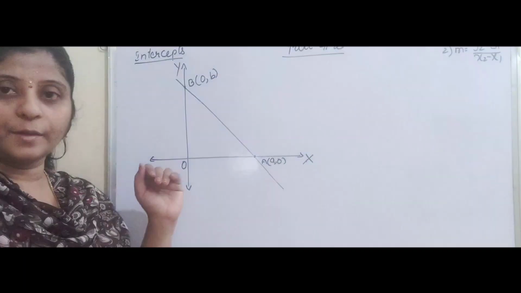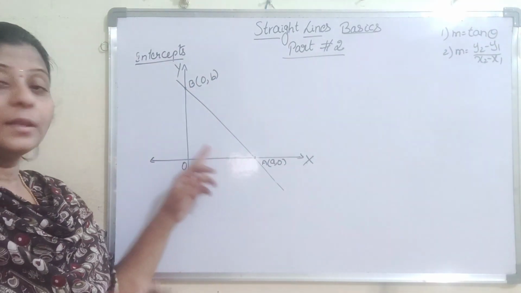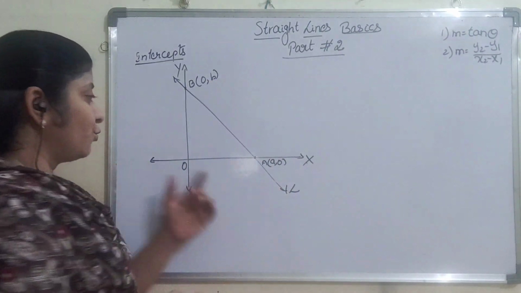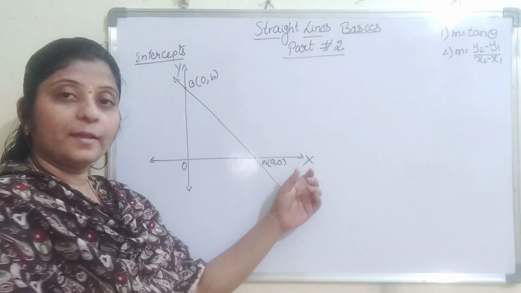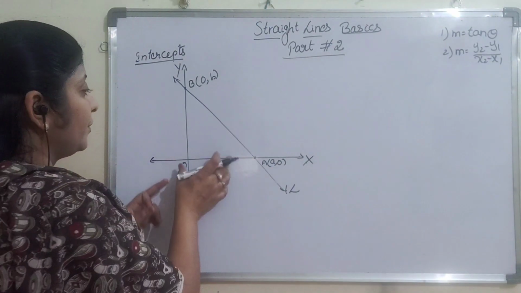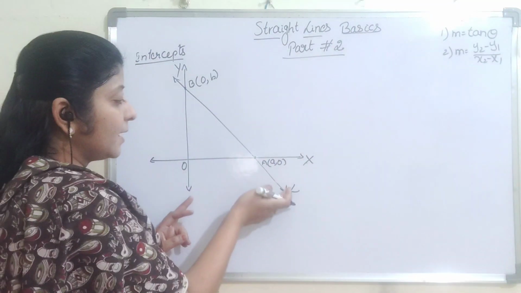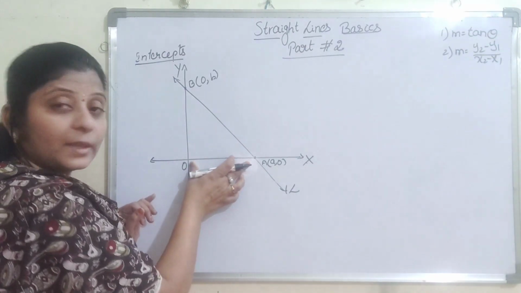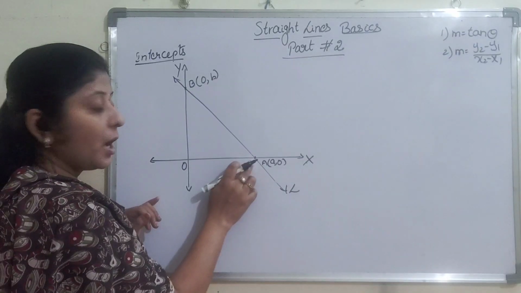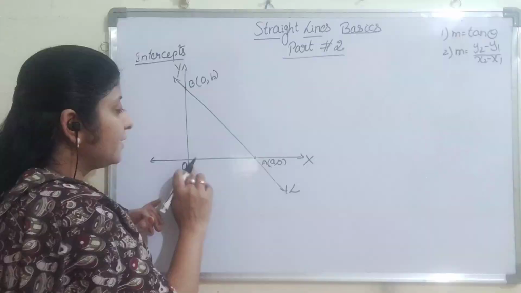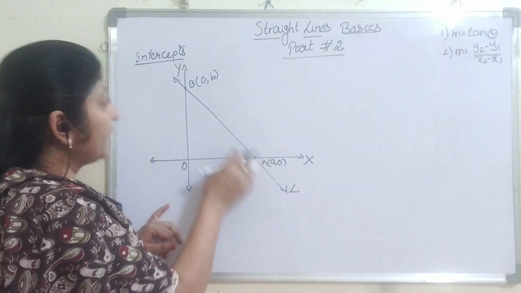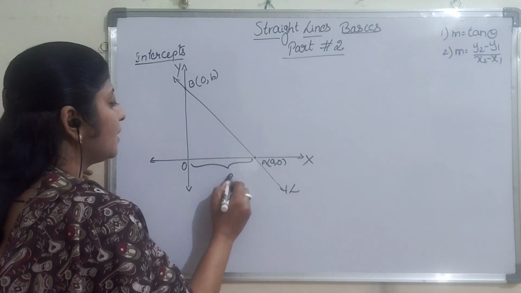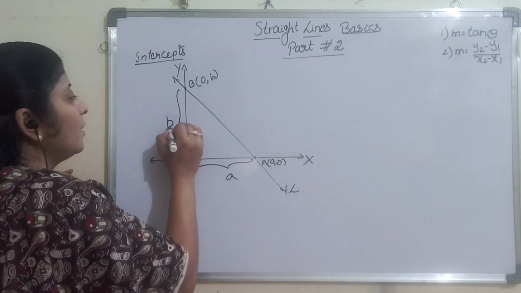Now, the intercept form. Intercept form means the line cuts the x-axis and y-axis at some distance. The length of this part on the x-axis, where the line cuts the x-axis, and the length where the line cuts the y-axis, these lengths are called intercepts.